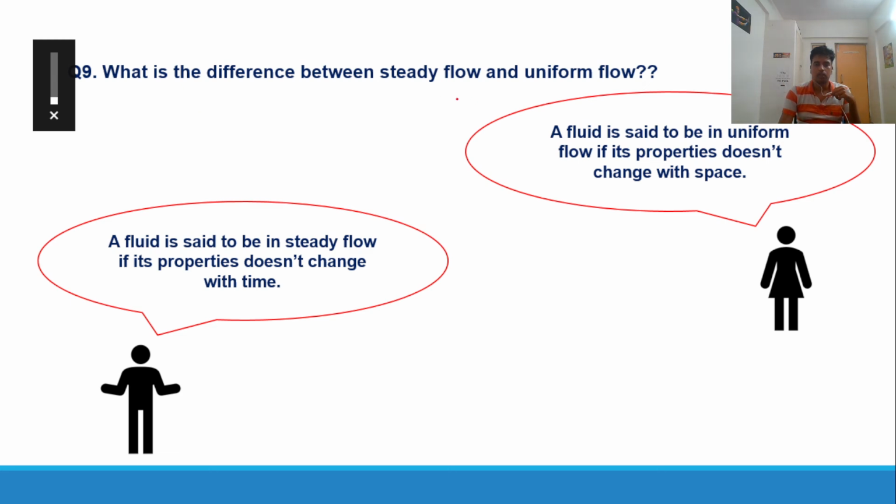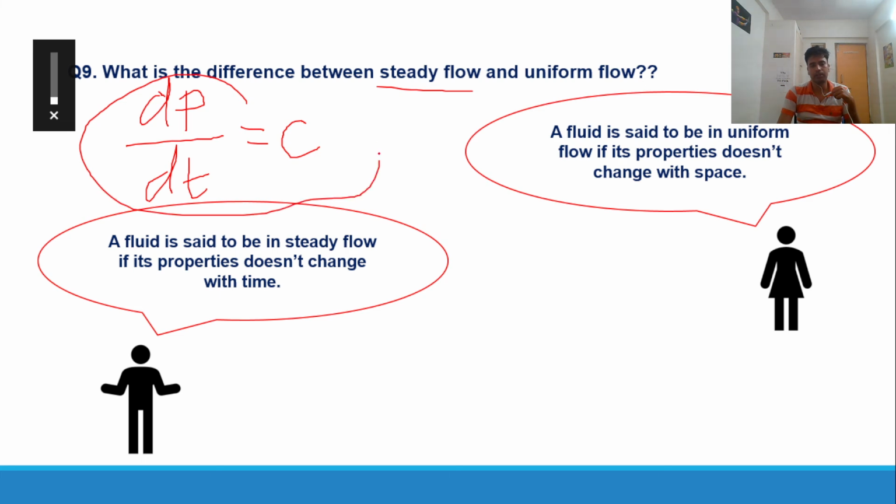Okay. So steady flow is basically when a fluid is said to be in steady flow when its property doesn't change with time. So if there is any property represented by P, and dP by dt is always zero, doesn't change with time, then this flow can be said to be steady flow.